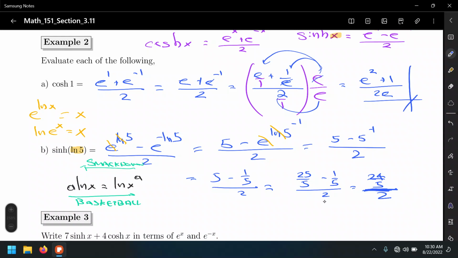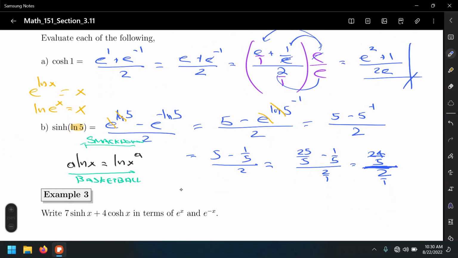Or have an invisible one to make it a little more clear how we interpret this. When we divide fractions, we keep the fraction in the numerator, and then we multiply by the reciprocal of the fraction in the denominator. And 24 goes into 2 12 times, so that's a 12 over 5. All right.